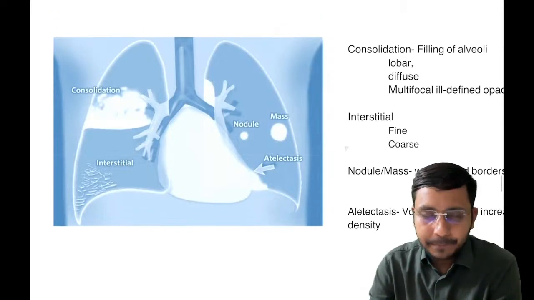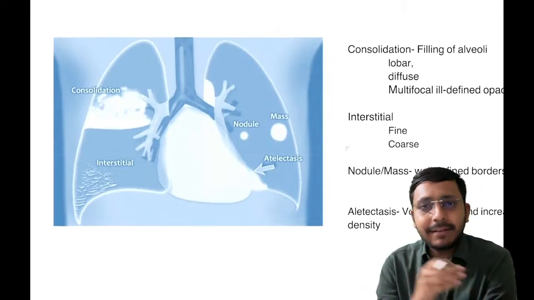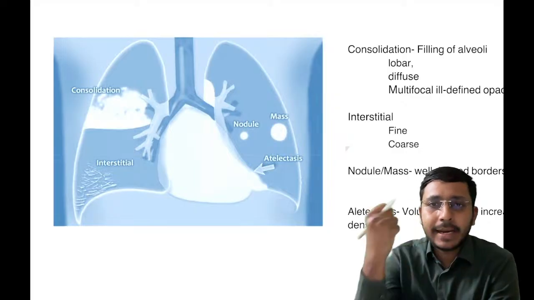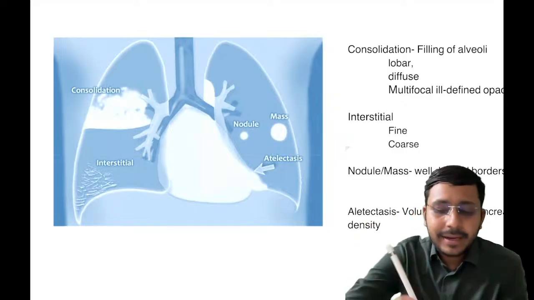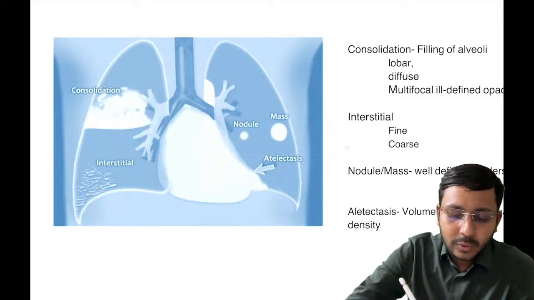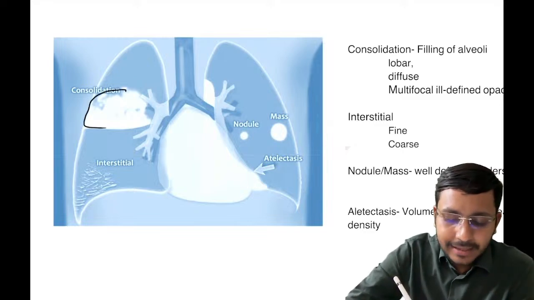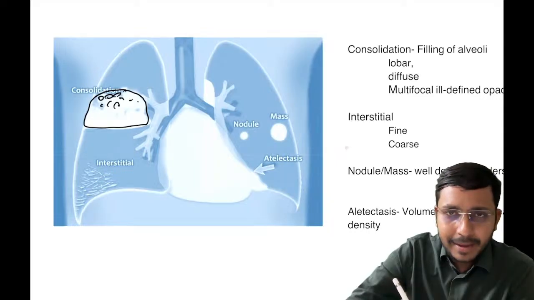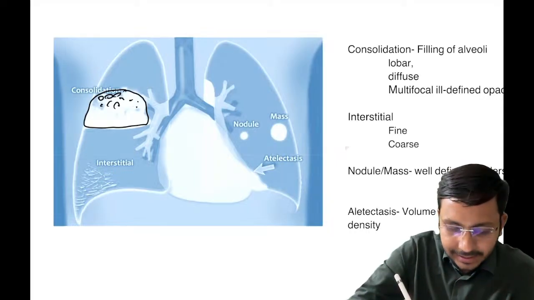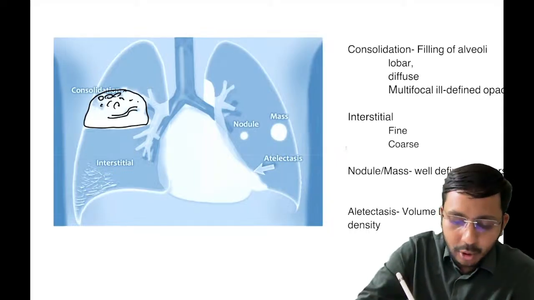Okay. Now let's come to the various pathologies. How do they look like? So collapse we have already seen. It will be homogeneous and it will pull up the minor fissure. What will be consolidation? Sometimes you will see a homogeneous opacity with few fluffy radiopacity and one thing that is known as an air bronchogram.